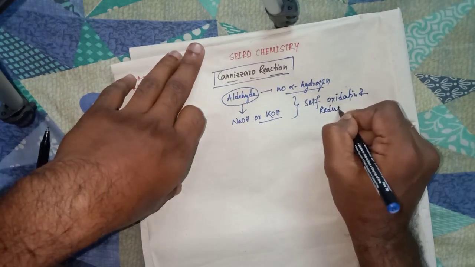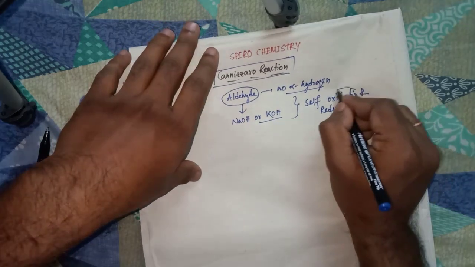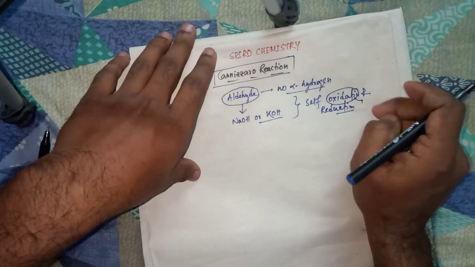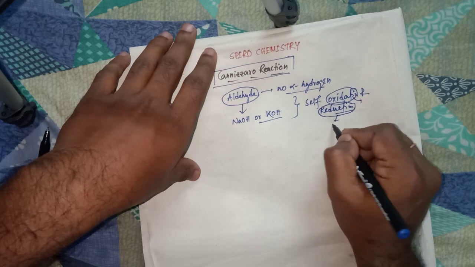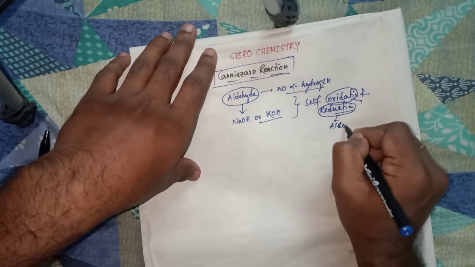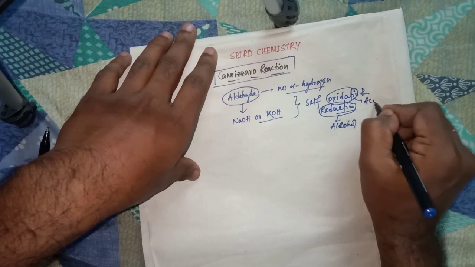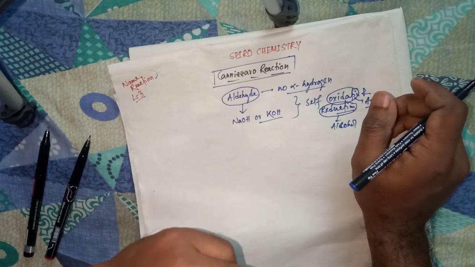In oxidation, a carboxylic acid is formed, and in reduction, an alcohol is formed. This reaction is called the Cannizzaro reaction.